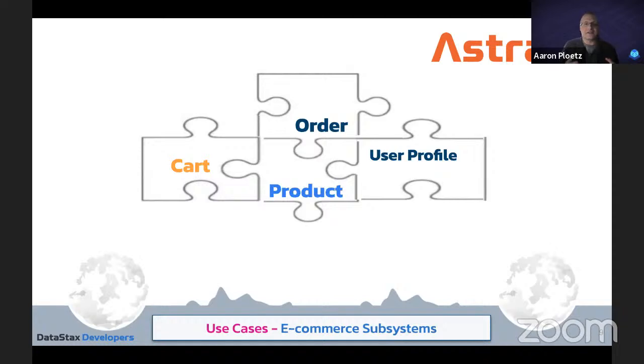Products and product navigation, an ordering system, knowing who your user is and allowing them to log in and save profile data, and of course a shopping cart. The first session was about building out product services and product navigation. This one we're going to focus on the shopping cart.